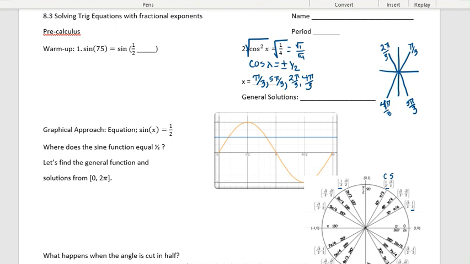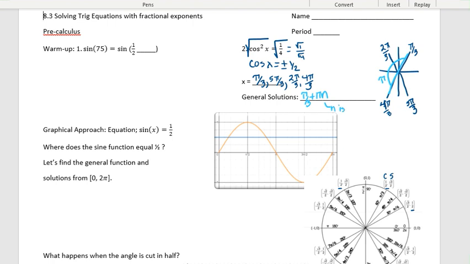Okay, so what I pointed out in class is that if I am on these two, how far apart are these? And they are pi units apart, okay? So the general solution for this one, the first one, is pi over 3 plus pi n, n being an integer.